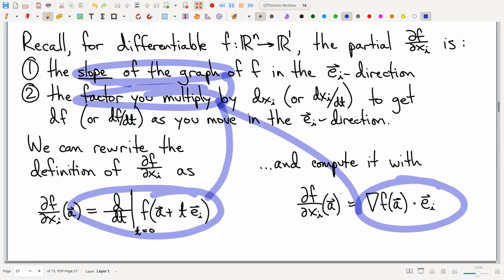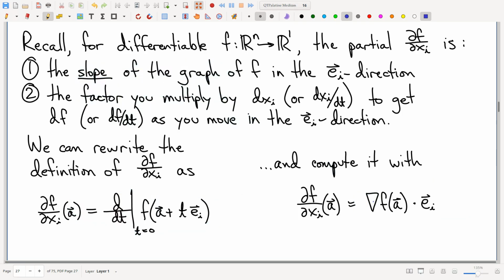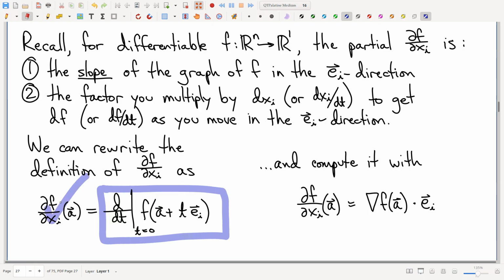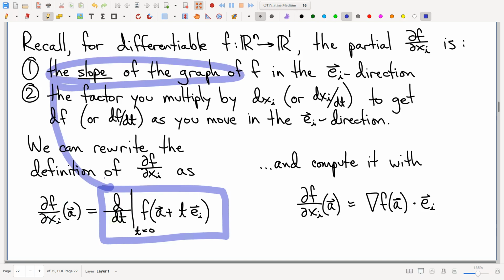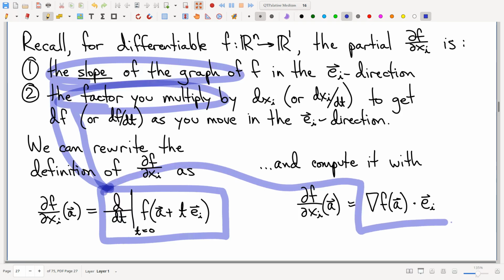Now I'm going to say it a little bit differently. This thing that we just made up, but what you were going to show is a partial. Just another rephrase: this thing is the slope of the graph, this thing is the multiplicative factor, and this thing is computed by that formula.